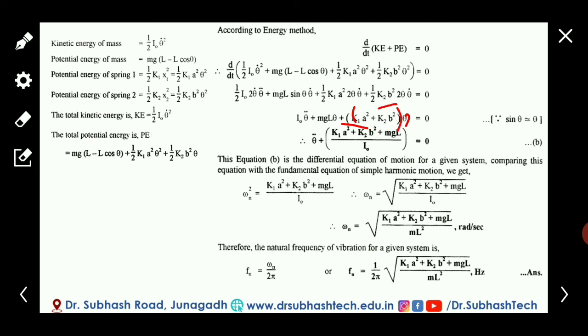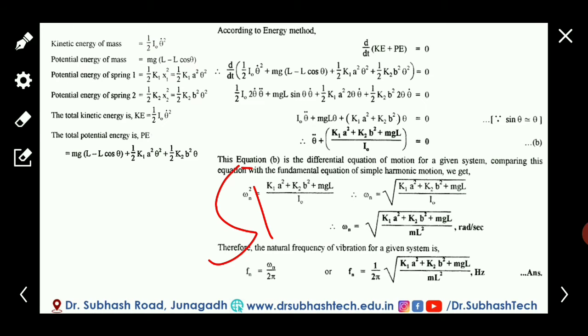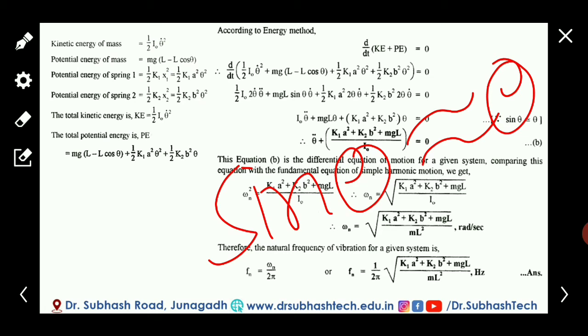Here mgL sin theta is there, but we write it as mgL theta, because when oscillation or vibration is considered, the vibration amplitude is always very small. If theta is small, then sin theta tends to theta.